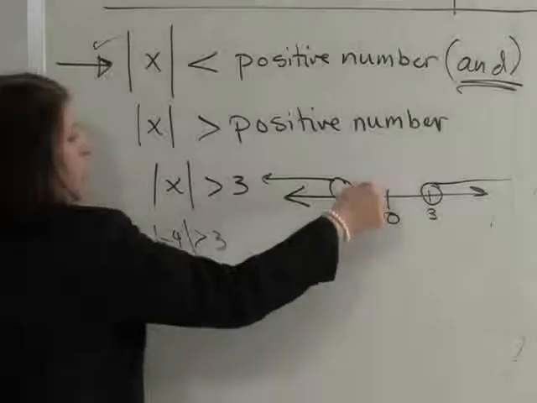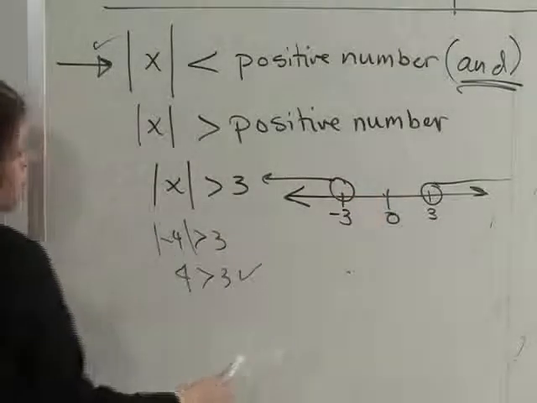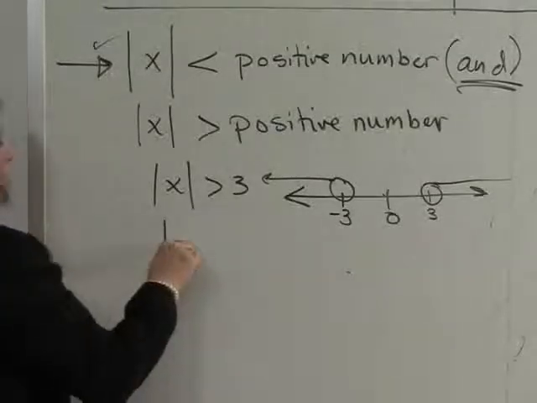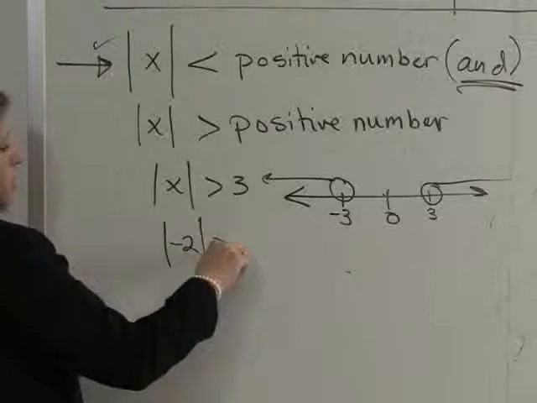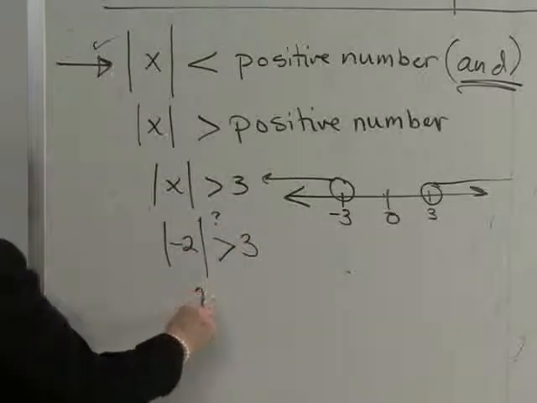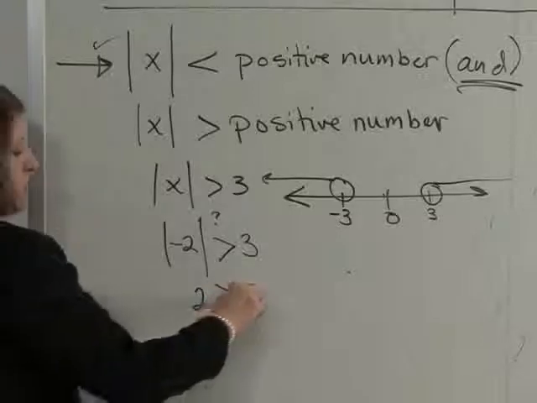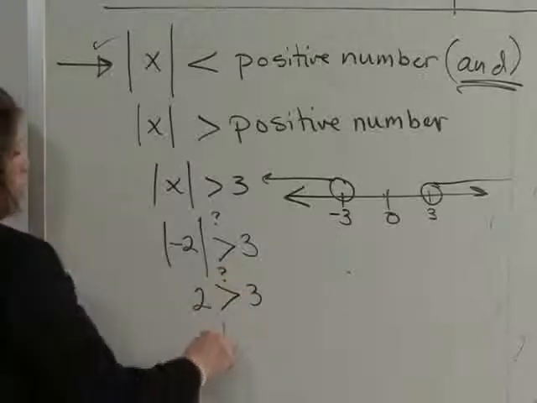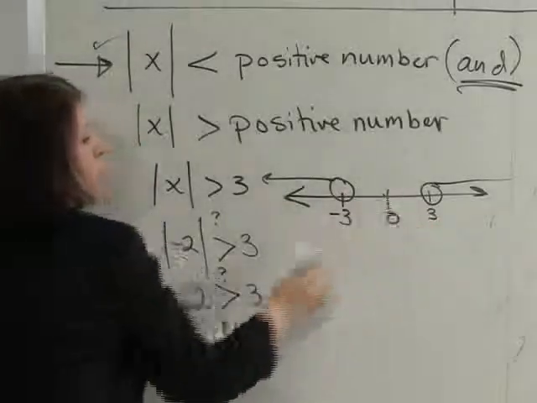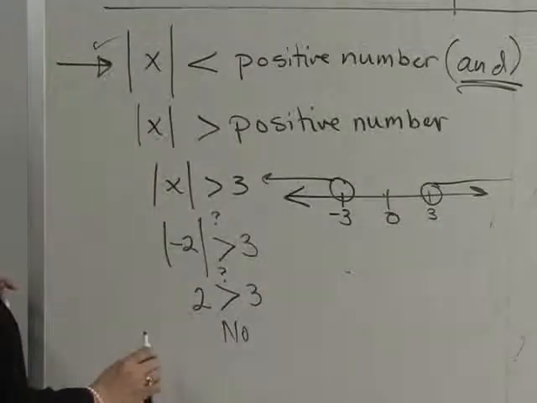But if you pick any number from here, let's say negative 2, that's not going to give you a true statement. Absolute value of negative 2, is that greater than 3? Absolute value of negative 2 is 2. Is 2 greater than 3? And the answer is no.